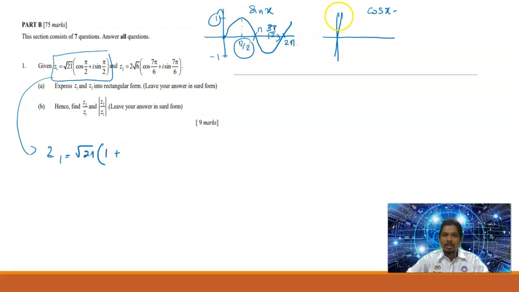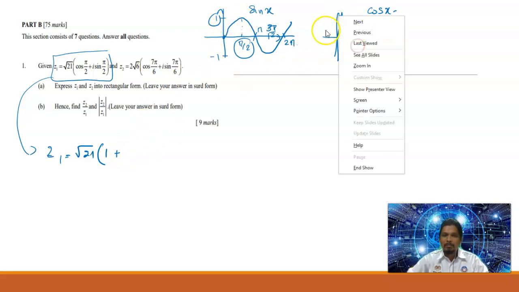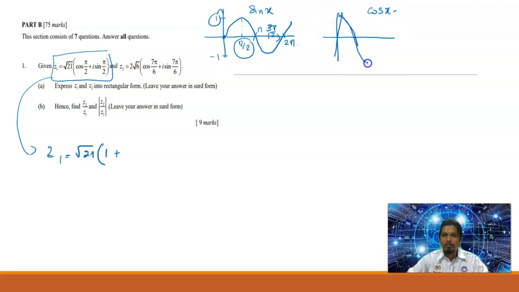And cos begins from 1 here, maximum 1 and minimum negative 1. Cos pi over 2 equal to 0. So this should be 0, and sin pi over 2 equal to 1. So 1 times i equal to i.